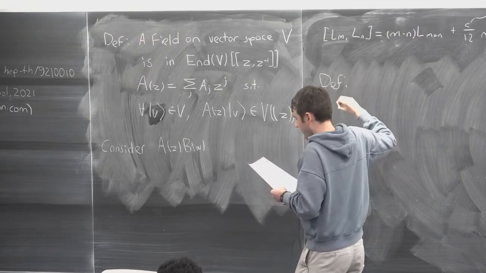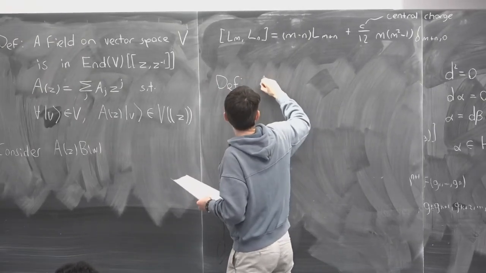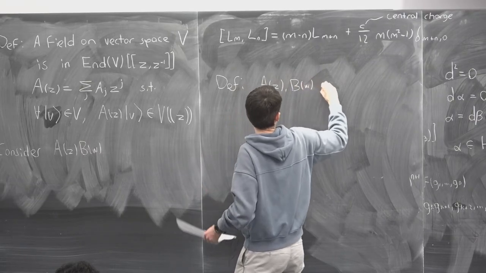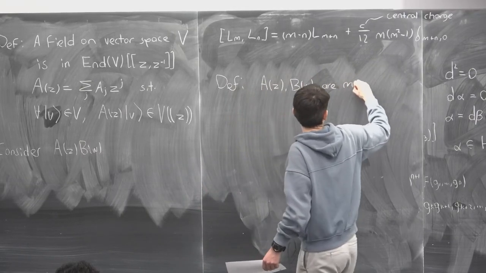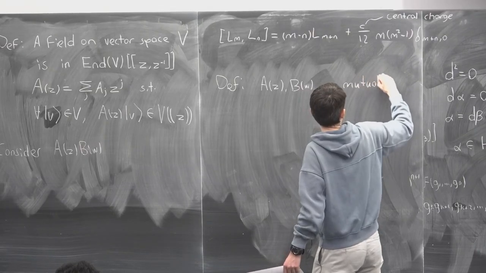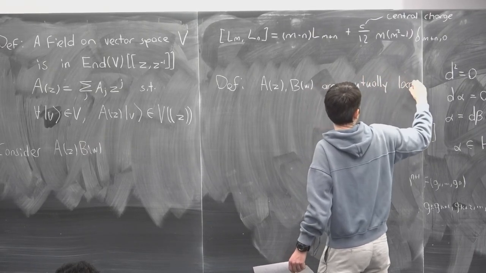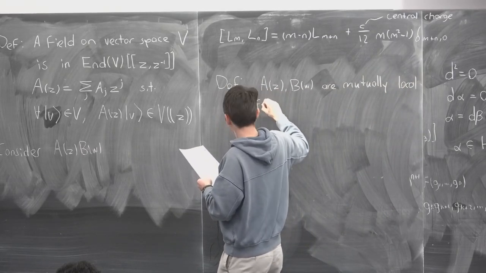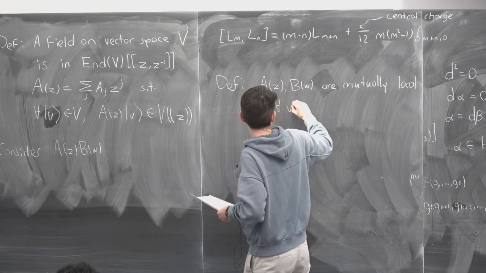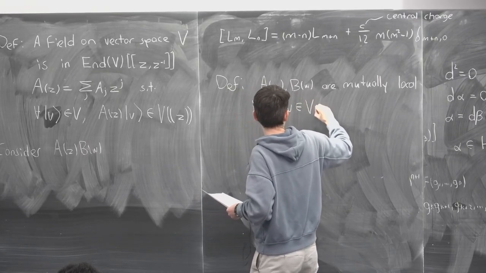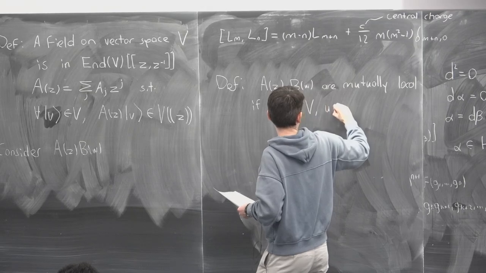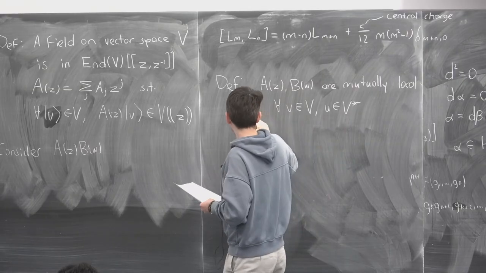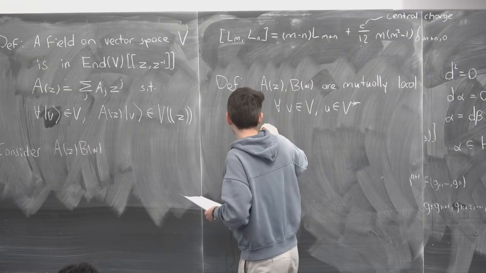So there's another definition. These fields are mutually local if we take U and V in the vector space and its dual, and get these pairings to be compatible.